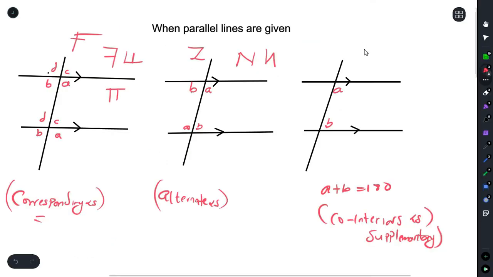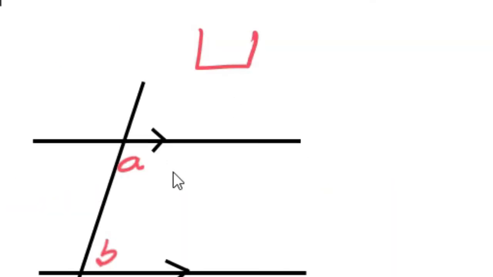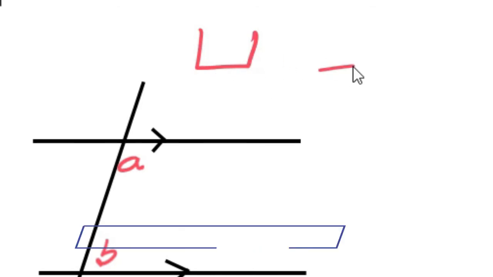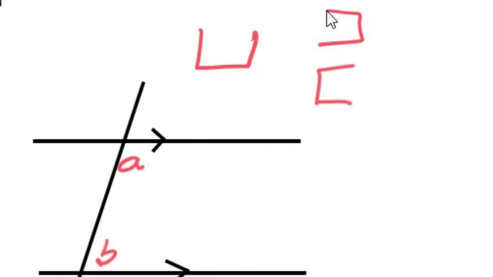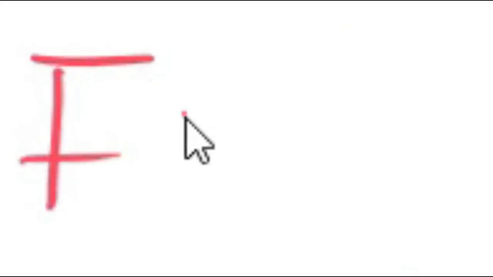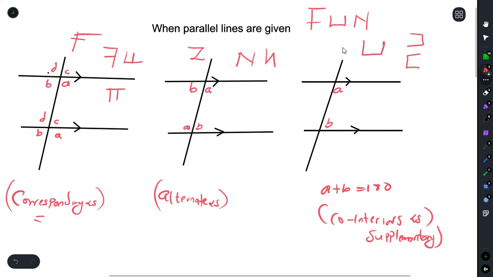And the final one is the U. This U here is for your co-interior. And that's where F, U, N comes from: corresponding, co-interior, and alternate angles. Now, it's very important you know this when answering Euclidean questions.